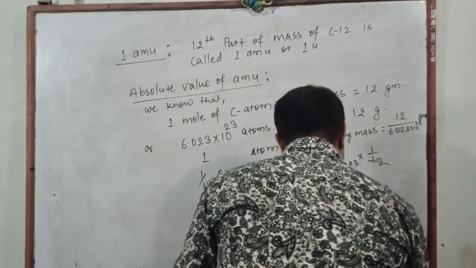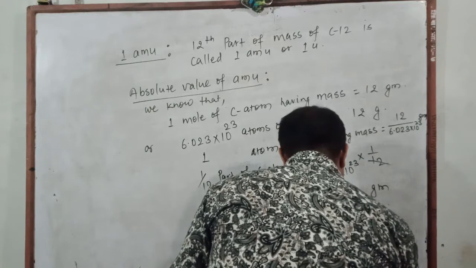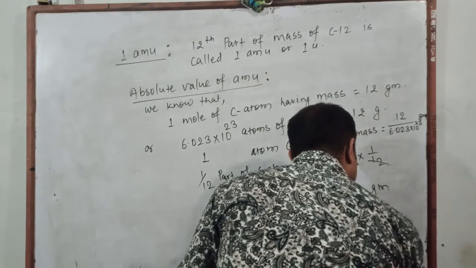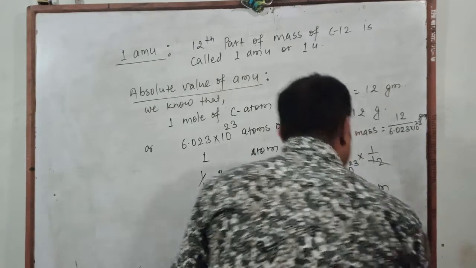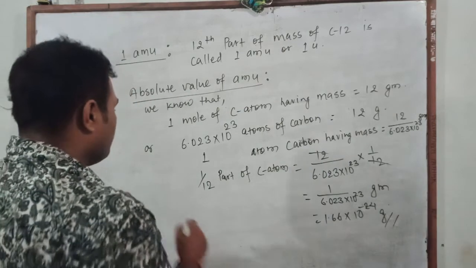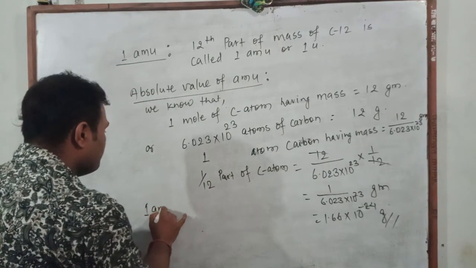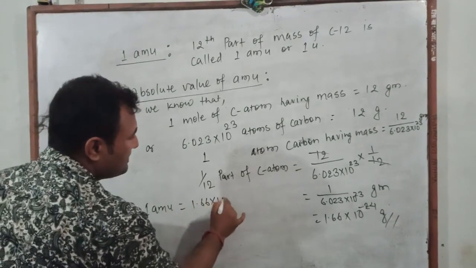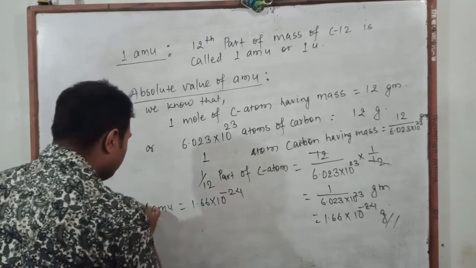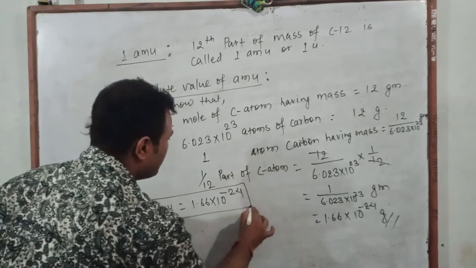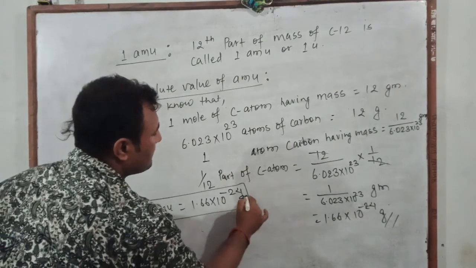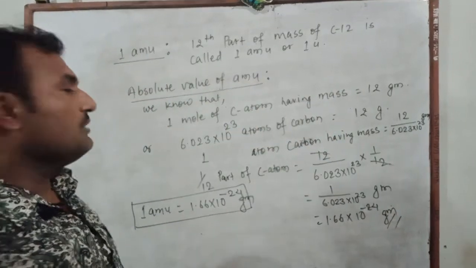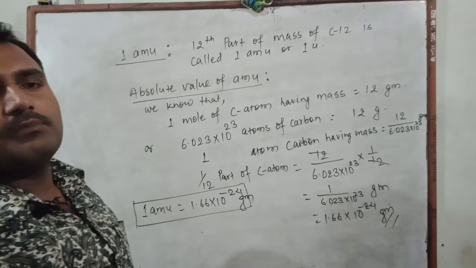When we divide this, we get 1.66 into 10 to the power minus 24 gram, which is equal to 1 AMU. So 1 AMU is equal to 1.66 into 10 to the power minus 24 gram, which is called the absolute value of 1 AMU in gram. In this way we can also calculate the mass of a proton or an atom in gram.